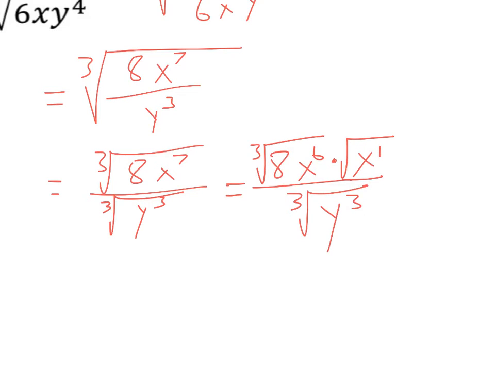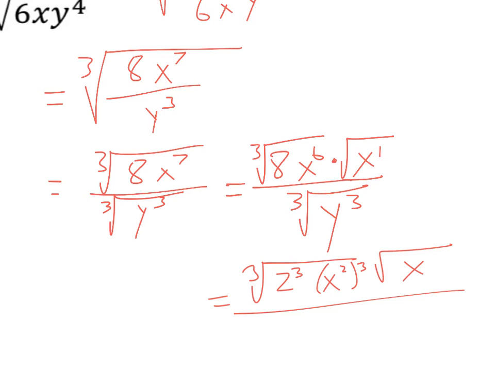And once we're getting the hang of things, we'll probably be able to skip this step here, but I'll go ahead and write it out just to be real clear. 8 is 2 to the third, and x to the 6th is x squared to the third. So that's what we're going to need there. We've got x squared, a multiple of 3 here in the exponents.